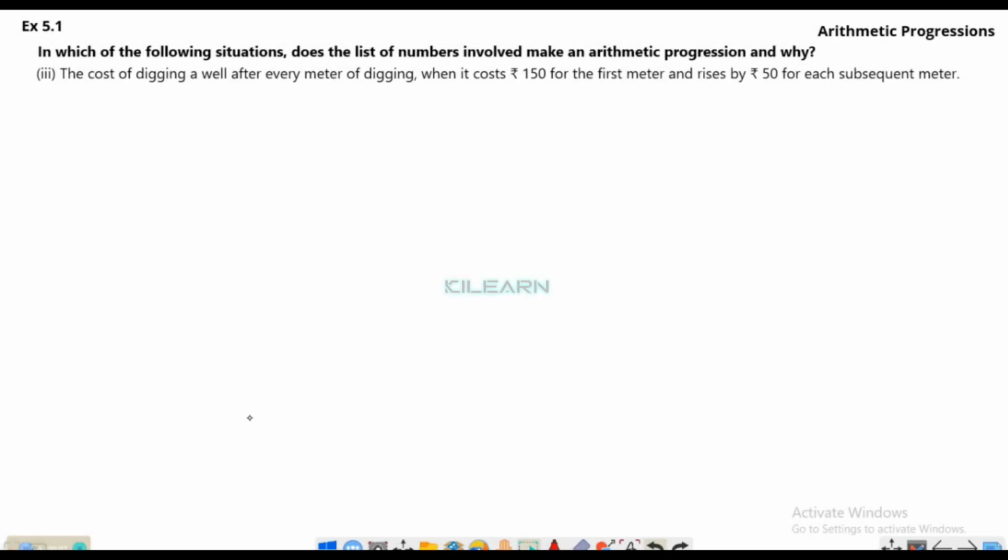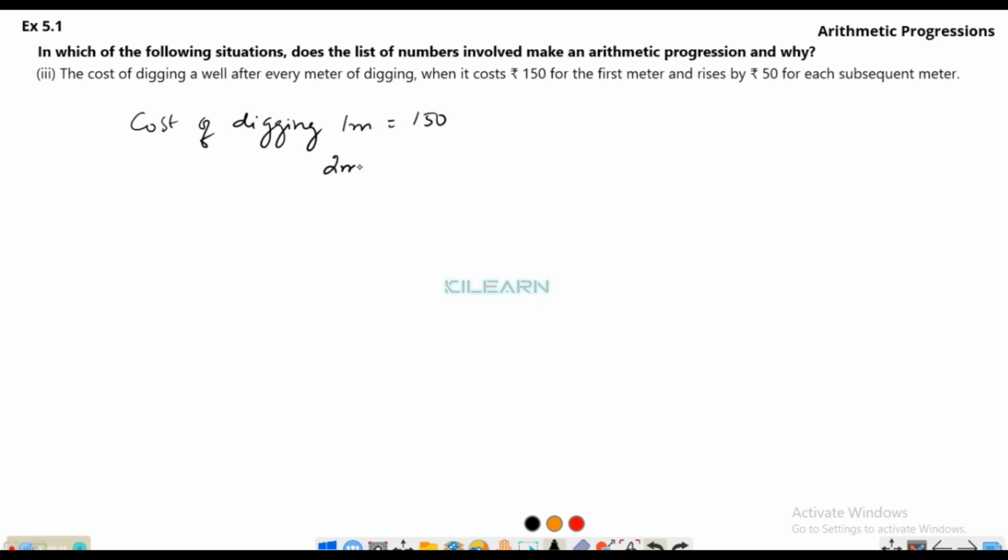Question number 3. The cost of digging a well after every meter of digging, when the cost is rupees 150 for the first meter and rises by 50 rupees for each subsequent meter. For the cost of digging 1 meter, they are saying it is 150 rupees.